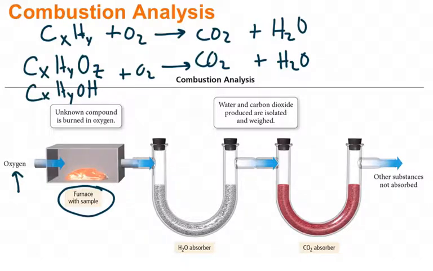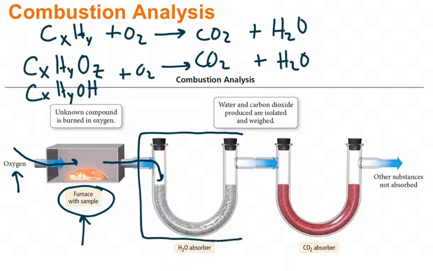So, let's say we were burning a hydrocarbon. Notice, while oxygen's being pumped in here to ignite this combustion, the gases are going to come out this way. Strategically, this first compartment has what is called a water absorber.